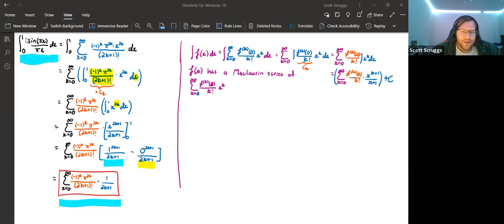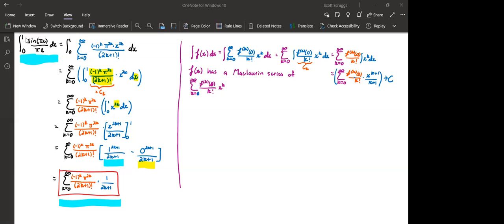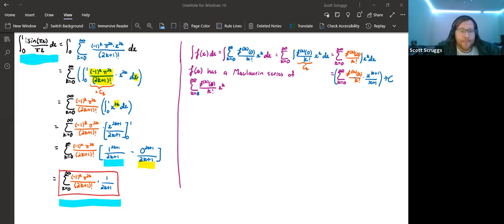So that's a bigger picture for future courses and in terms of how people actually use the Maclaurin series. I may not know what the exact function is or how to work this integral, but I do know a series, and I can get a pretty darn good approximation from working with the series itself. And it's the same idea with the derivative as well.